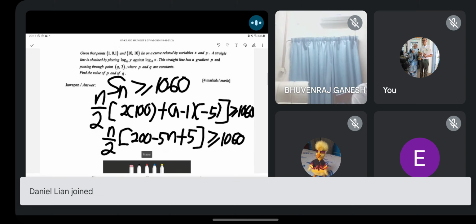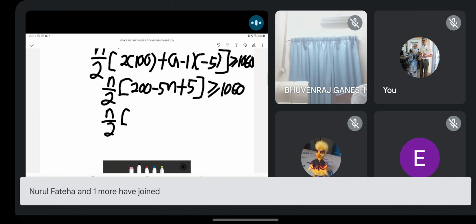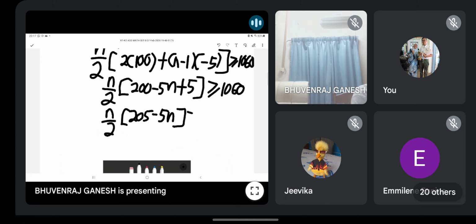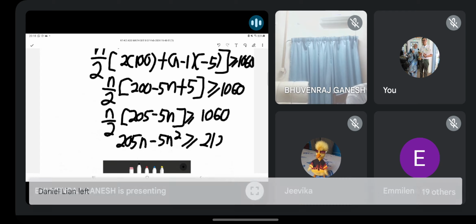Now simplify further: 205 minus 5n greater than or equal to 1060. Now expand: 205n minus 5n square greater than or equal to 1060 times 2, 2120.